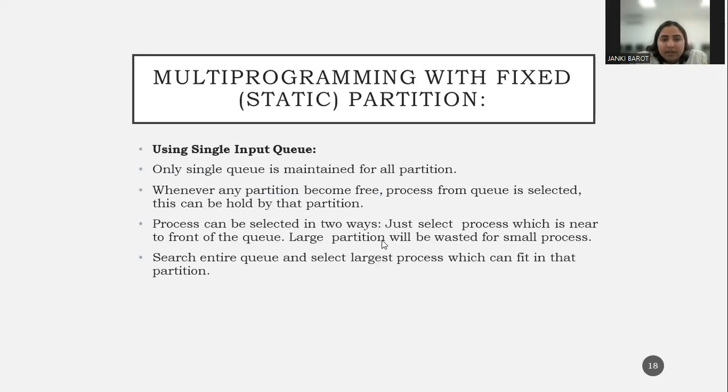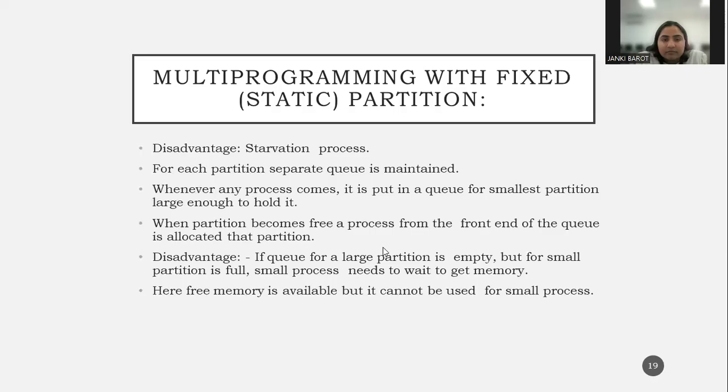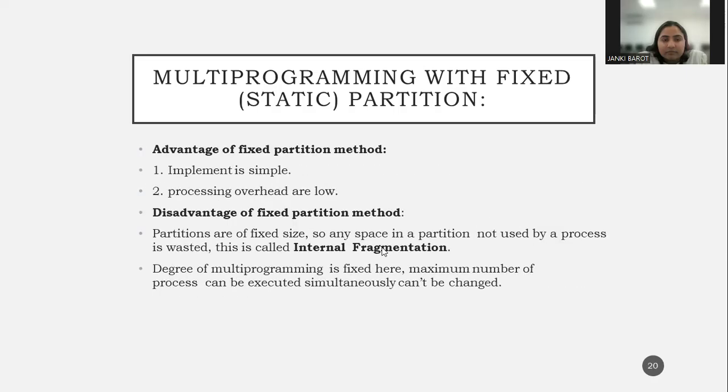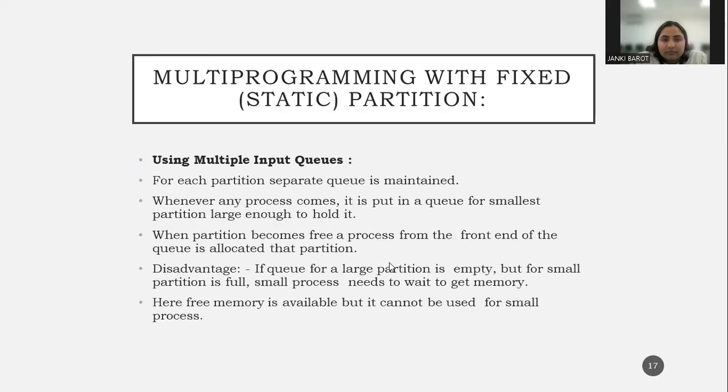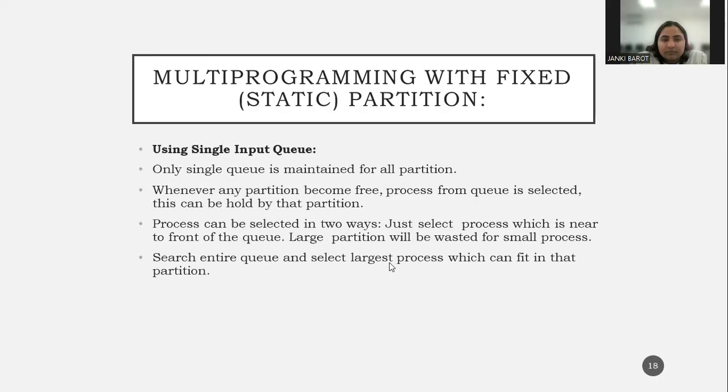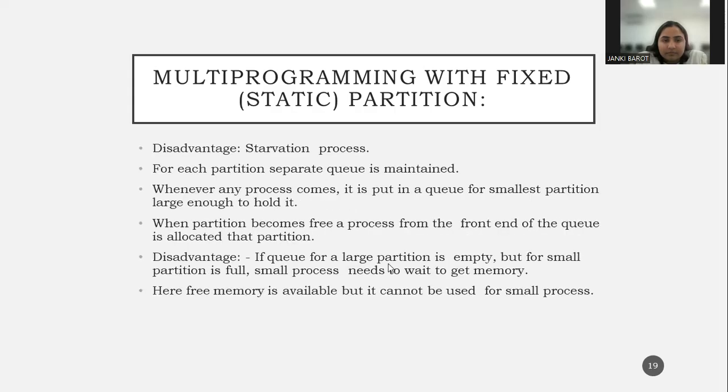When a partition becomes free, a process from the front end of the queue is allocated that partition, as we have already discussed in both methods. Now the disadvantage is that if the queue for a large partition is empty but for a small partition is full, the small process needs to wait to get the memory.